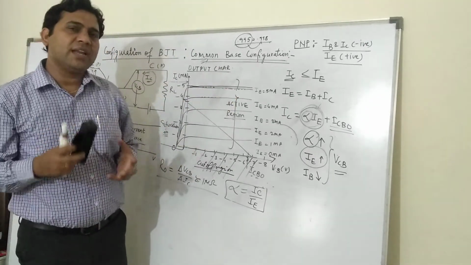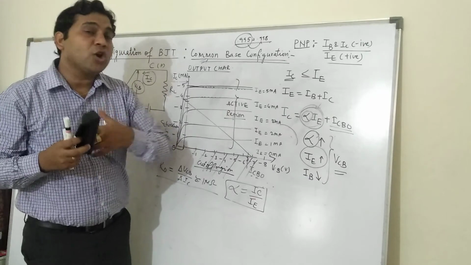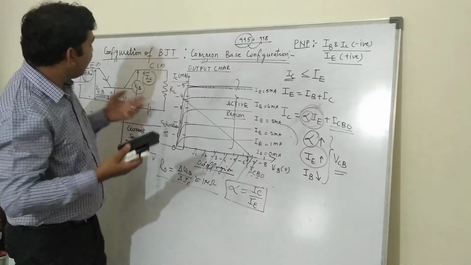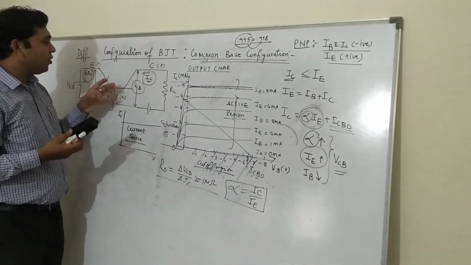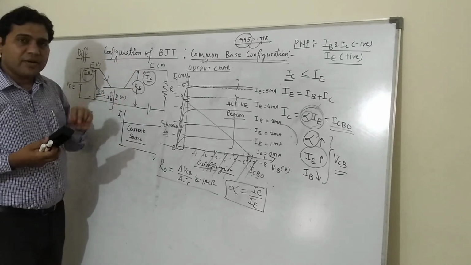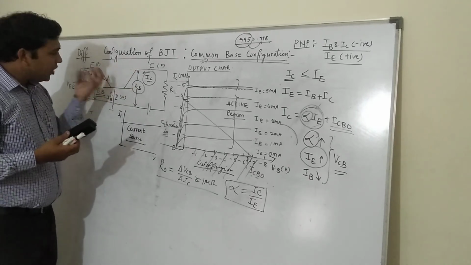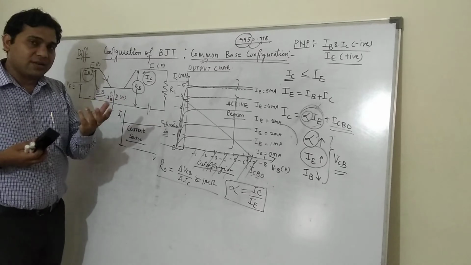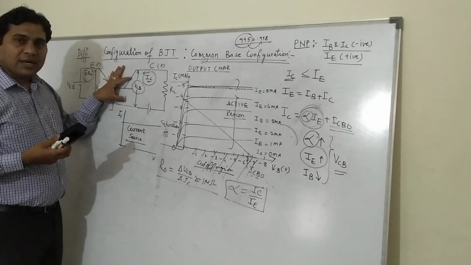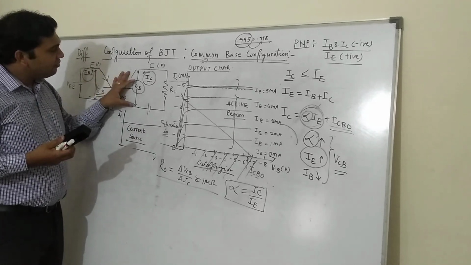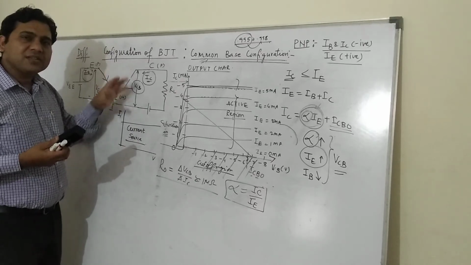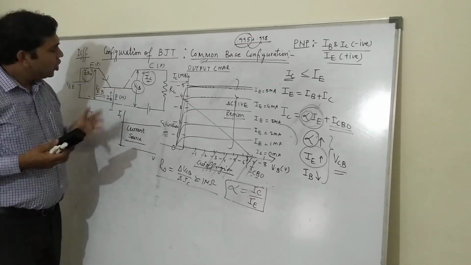When we are making an equivalent circuit, we will not always plot it and find out the characteristics. So we need an equivalent circuit, and at that time we need to replace the symbol of the transistor with some electronic component.